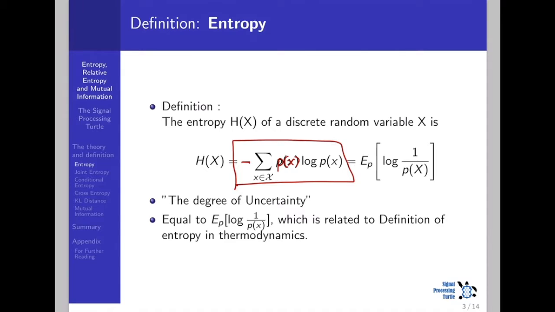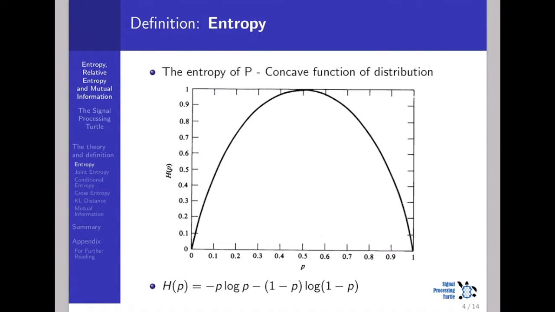So why do we call this the degree of uncertainty? Let me give you an example. Say we're having a basketball match tomorrow, and for case A, the game is a match between the LA Lakers versus the Jefferson High School basketball team.